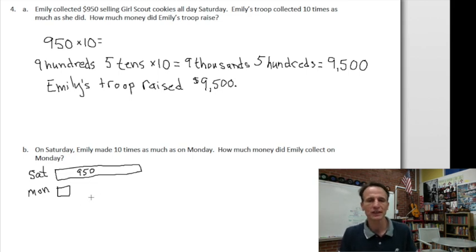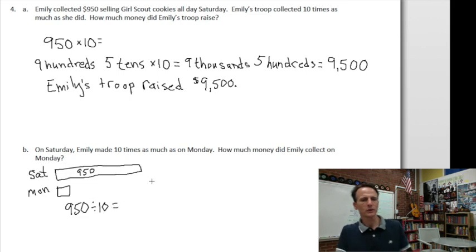What do we do with that 950 from Saturday to find what number is 10 times smaller, to find Monday's? That's right, instead of multiplying by 10, we divide by 10. And doesn't that make sense? Look at it, we'll do it out. We're doing now 950 divided by 10. That's what we want to find.